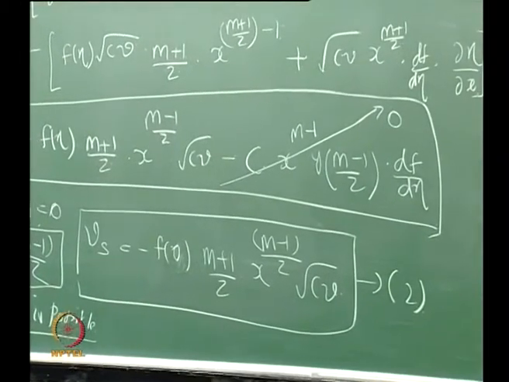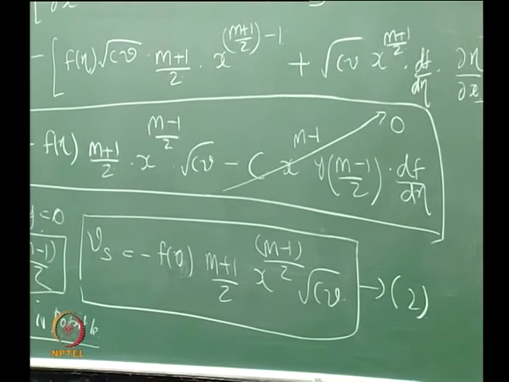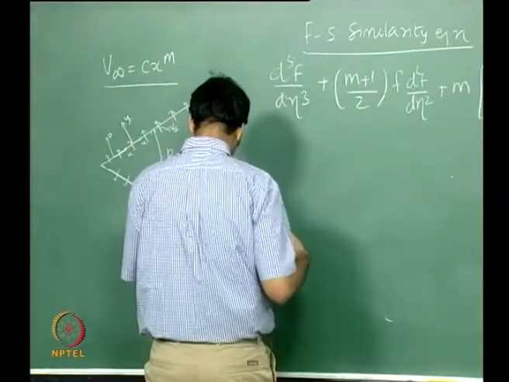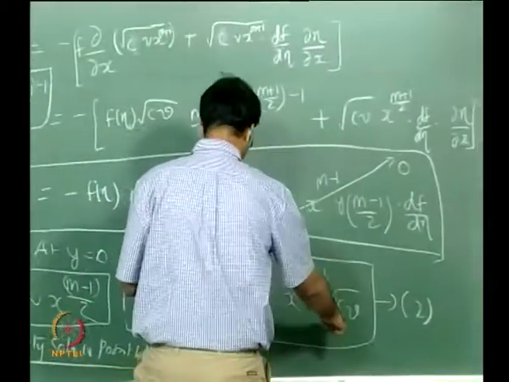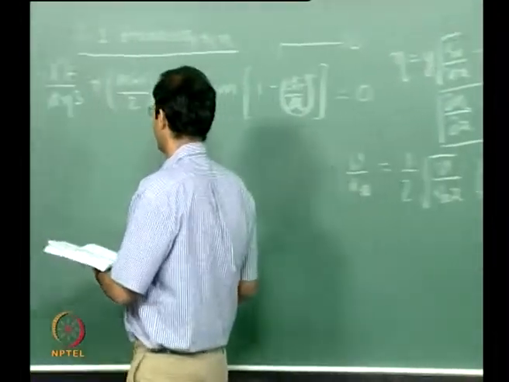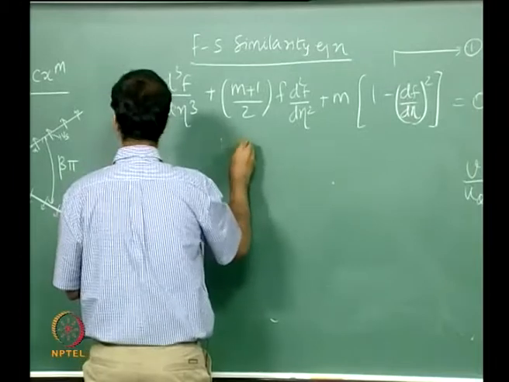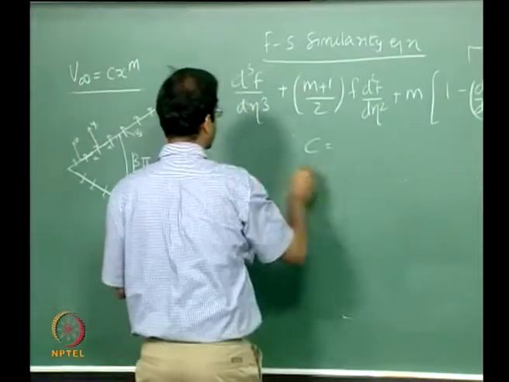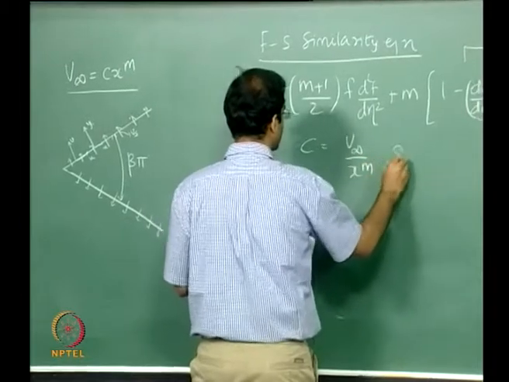So therefore from 2 you can expand one step further, you can write your c in terms of u infinity by x power m. You can write c is equal to that, because that is your condition here for the free stream, and you can substitute into 2.